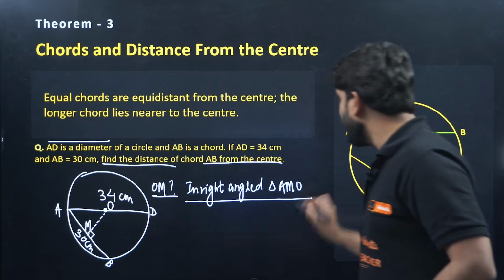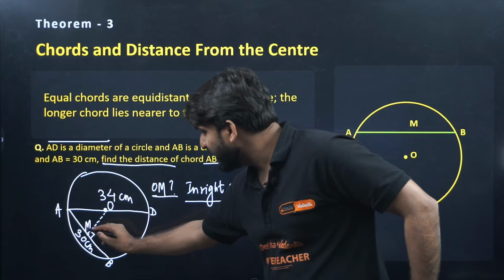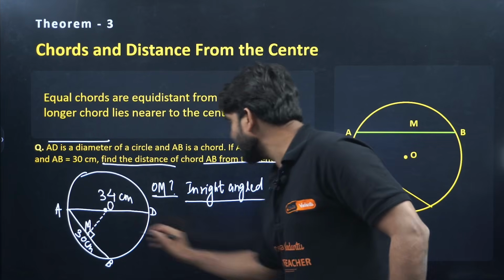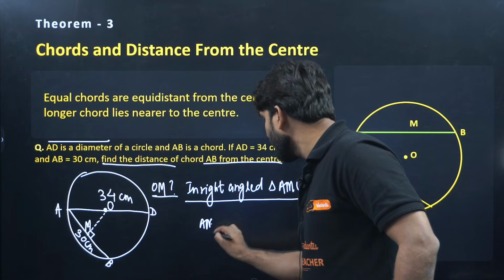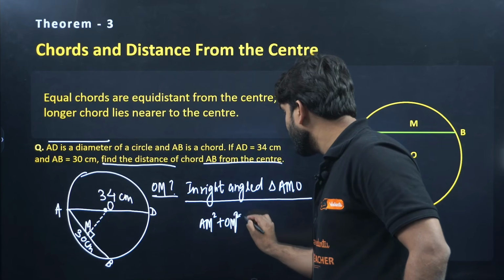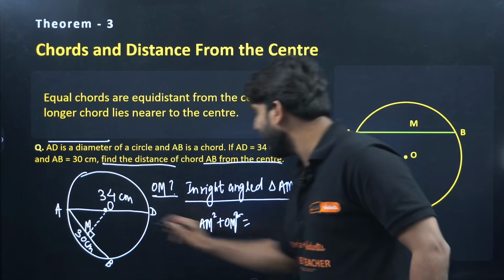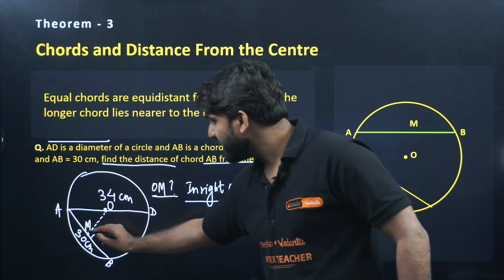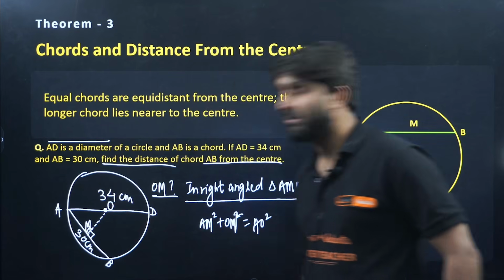In triangle AMO, this is 90 degree, so this will be the hypotenuse. So AM square plus OM square will be equal to AO square, because AO is the hypotenuse. Can you see? Here is 90 degree, so this will be hypotenuse.